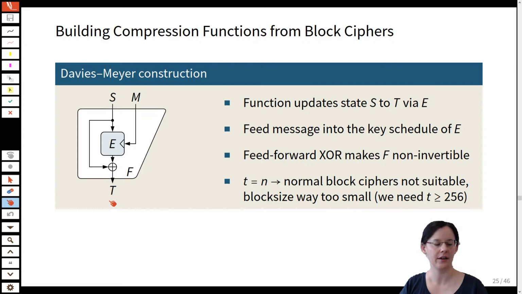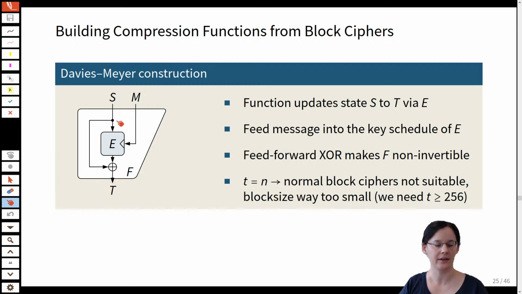This means I still have to make it impossible to decrypt back from here. And one way to do this is to use this so-called feed forward here, meaning I not only put my input state into the block cipher message block, but I also XOR it afterwards at the end.